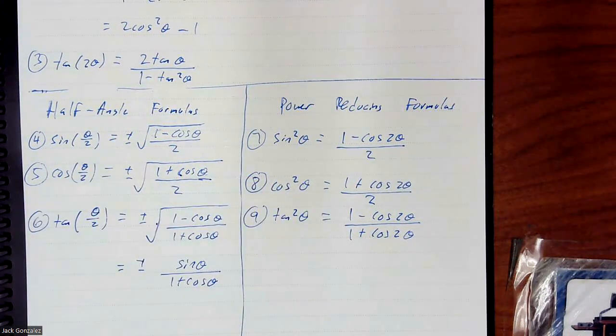So let's do the cosine. We know cosine is negative in quadrant 2, right? So if we had, let's say, cosine of 120, let's say theta was 120, half of that would be 60.